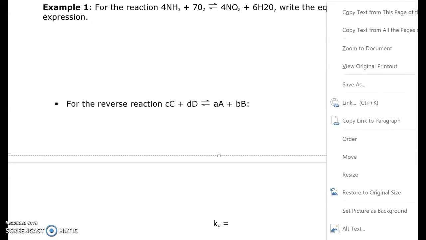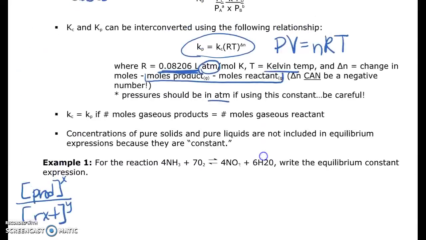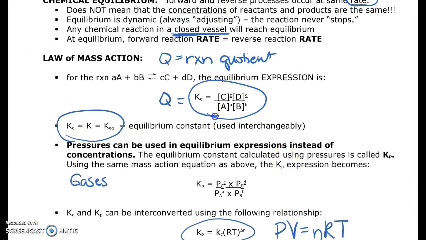In general, this is just going to be the concentration of our products over the concentration of our reactants. We're going to also raise them to a power based on whatever coefficients are in front of them. So again, if we look back at this expression, you see that the lowercase letter is being used as a power for the substance that's the capitalized letter.